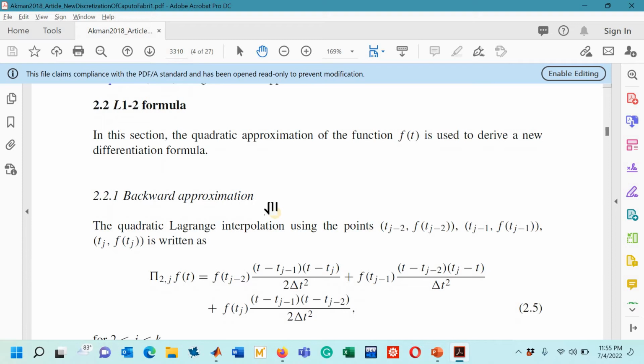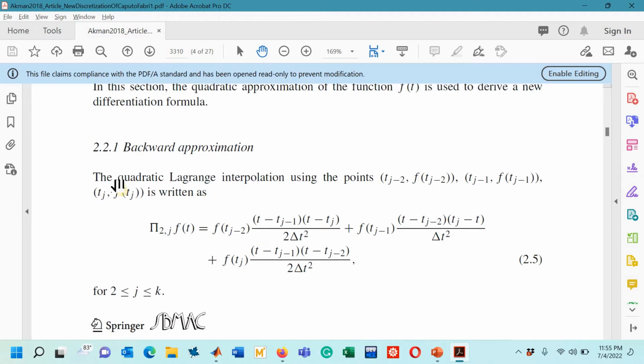In this subsection, the first part is backward approximation. A quadratic Lagrange interpolation has been used. As you can see, using 3 points, this quadratic Lagrange interpolation can be written by equation 2.5, where j is from 2 to k.